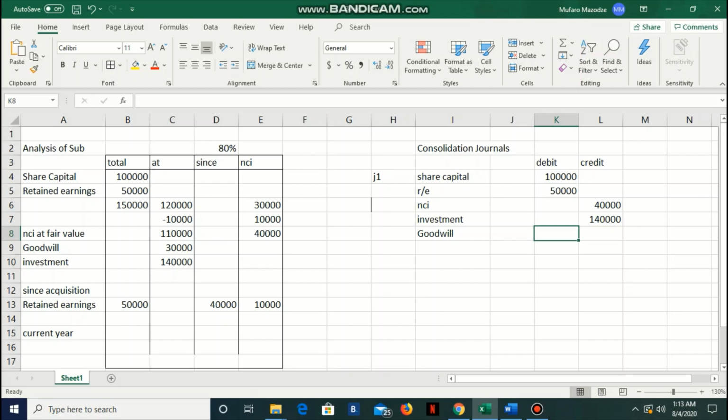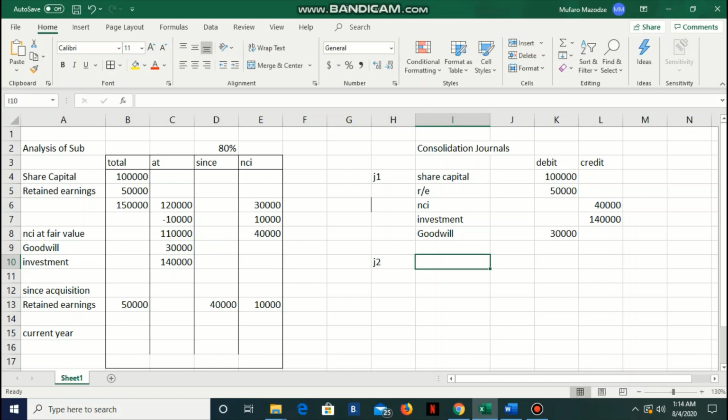And then our goodwill was 30,000 rand. Looking at this journal, in most cases it is very long. I always add up the credit side and the debit side, and they should always balance. Here you've got 180,000, and this side also 180,000. That shows you that it is balancing. Then there's a journal in this step, let's call it journal 2.